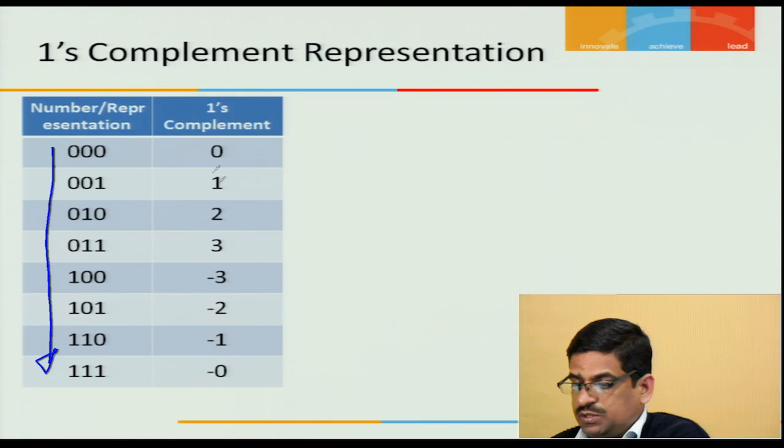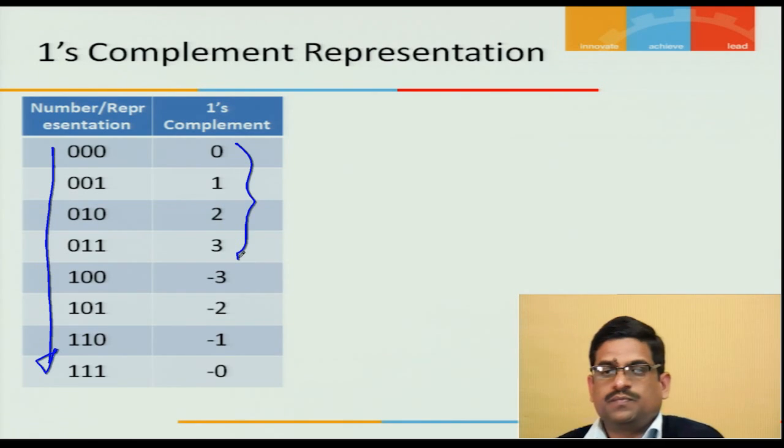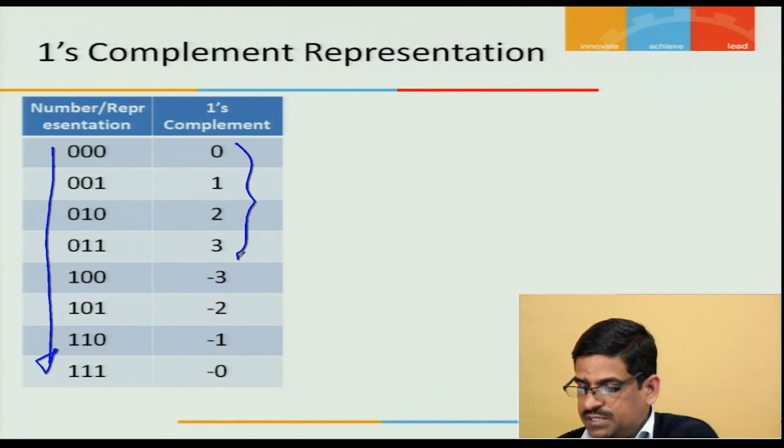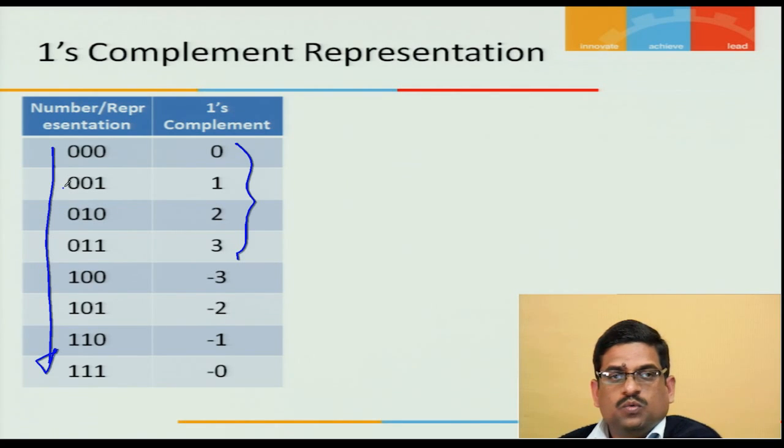So here my 0 is this, and 1, 2 positive numbers are as they are. There is no difference from the unsigned numbers and even the sign magnitude. So positive numbers are represented as they are. Negative numbers you can see here. So how will we represent minus 1? To represent minus 1, I have to take the 1's complement, or flip all the bits of the representation of 1.